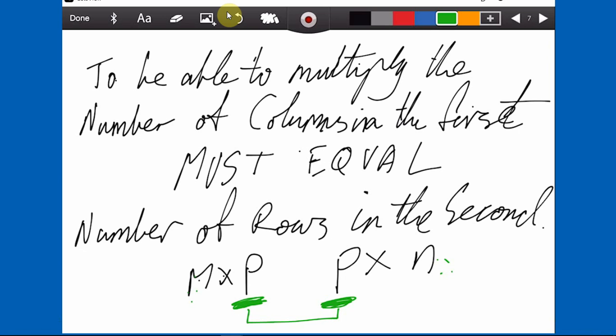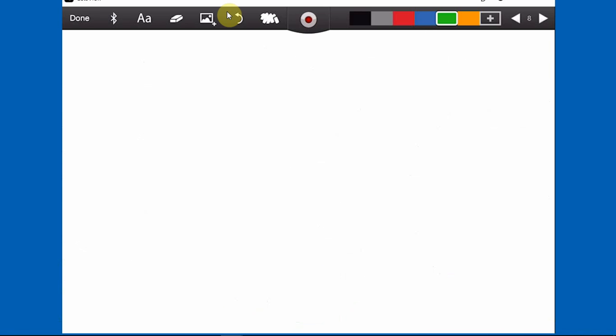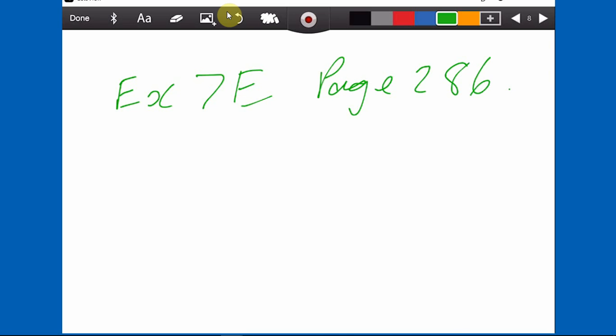All right, so I think I've probably done enough examples there. So I will leave you to do it. What we're up to now is exercise 7E, page 286, questions 6 and 7.